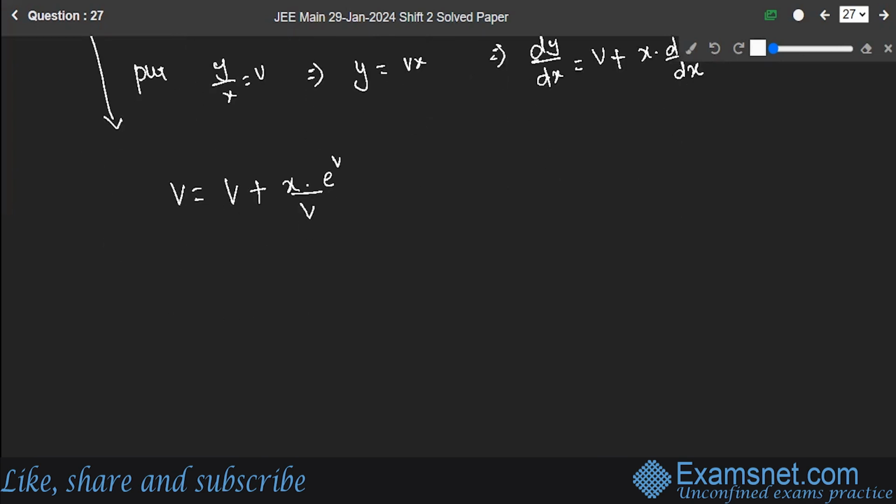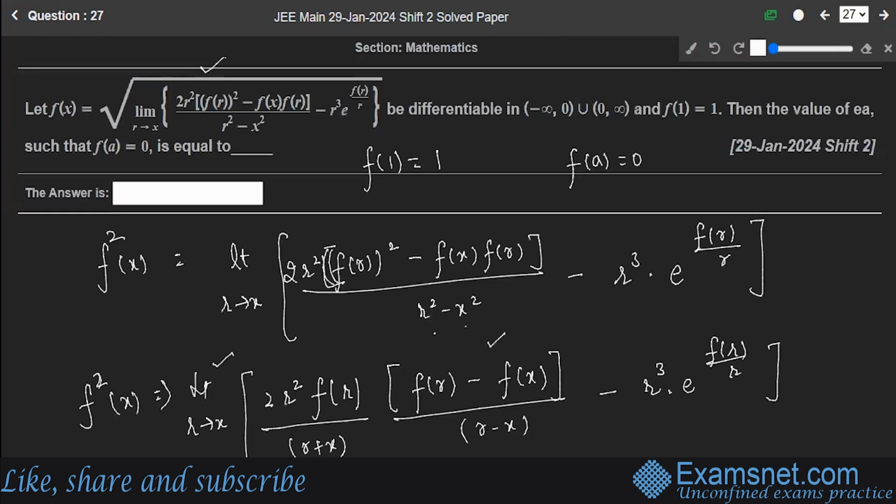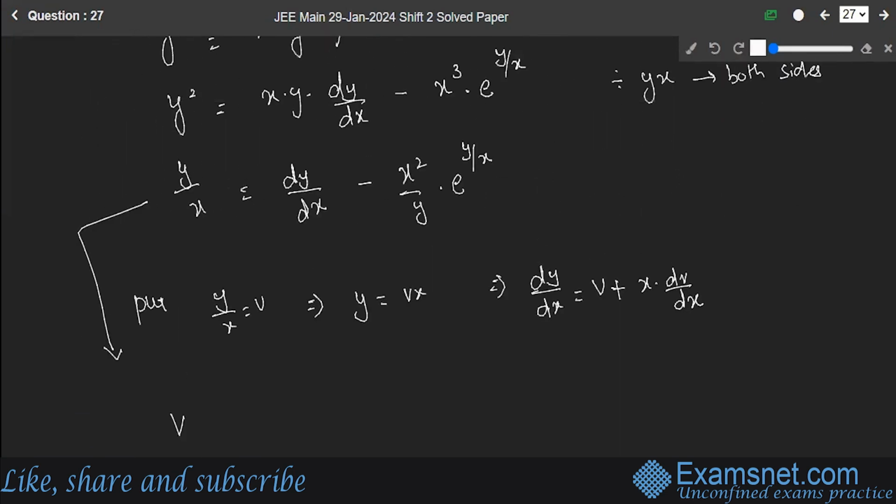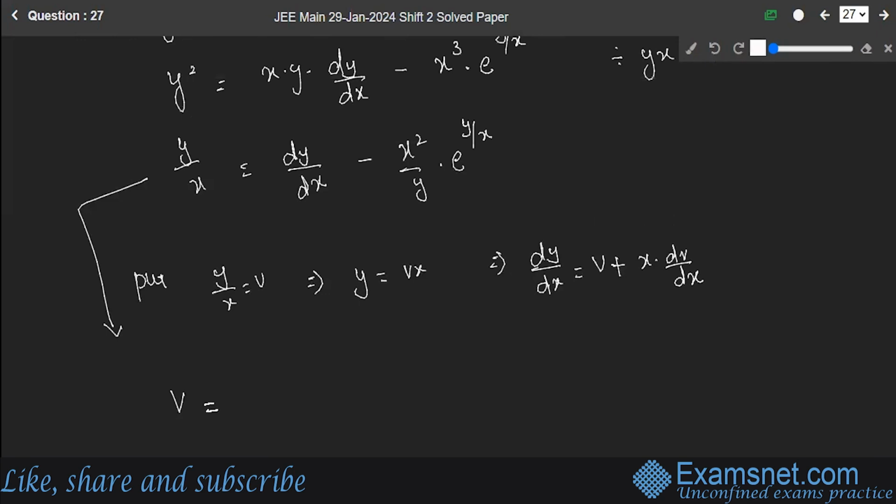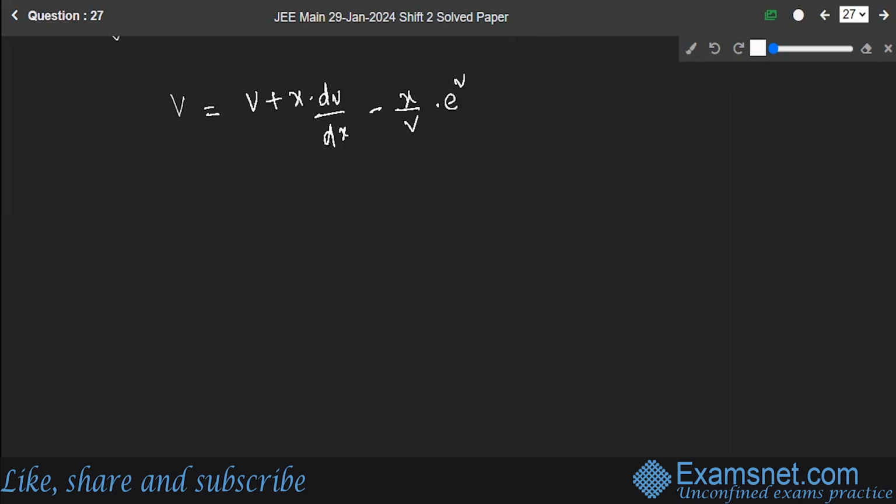This is a bit, let's write it again. So v is equal to dy by dx, this is v plus x into dv by dx minus x upon v into e power v, right? So dv by dx is equal to this, v and v will cancel.